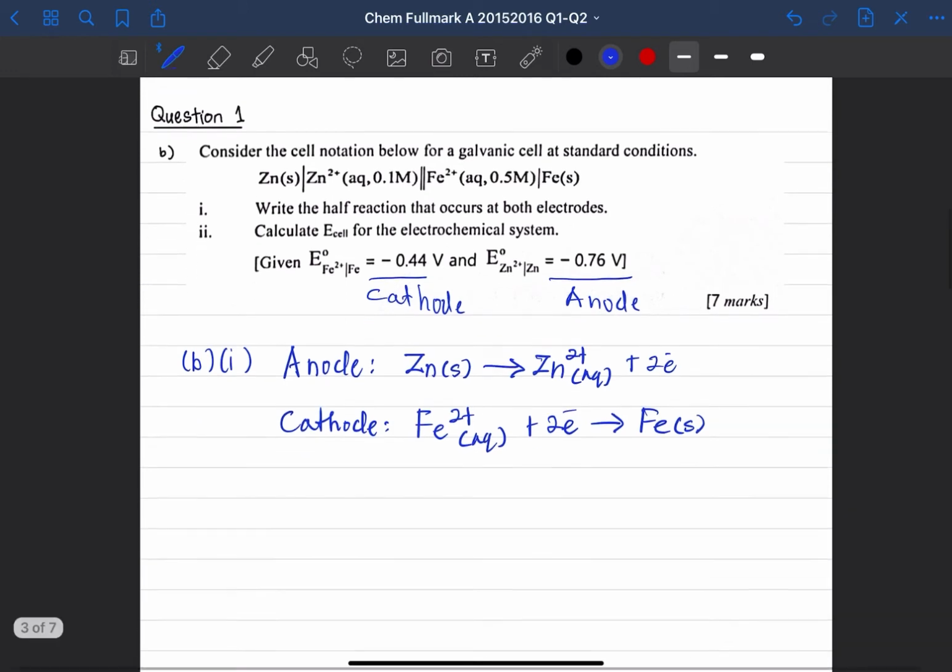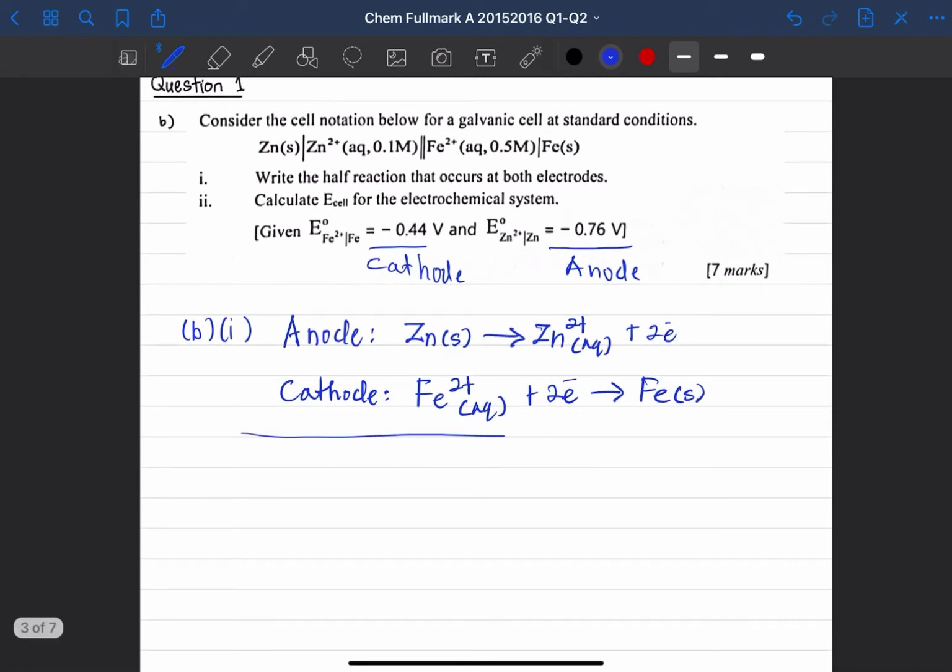Okay, and after that, we find out the overall equation. Before we sum up the equations at anode and cathode, make sure the number of electrons in anode and cathode are the same. If they are not the same, you must multiply by some value. So they both have 2 electrons, so we can cancel them.